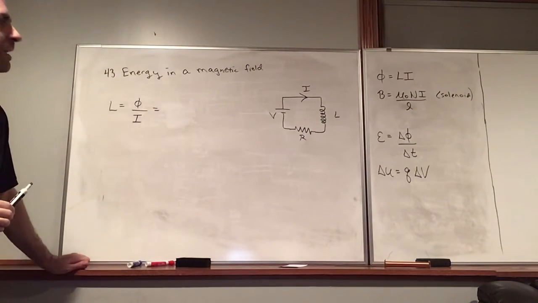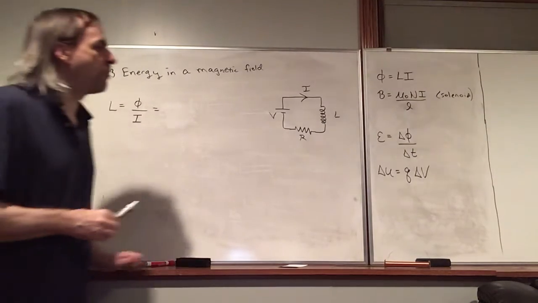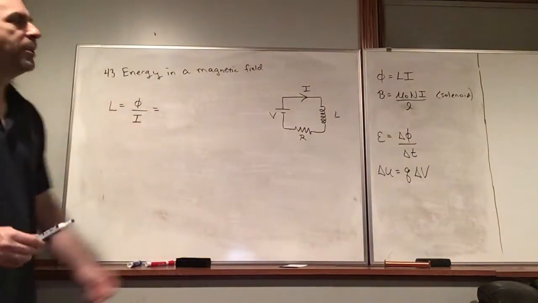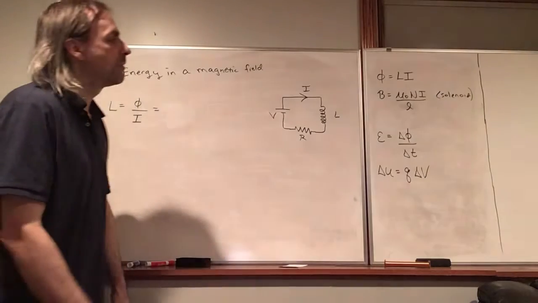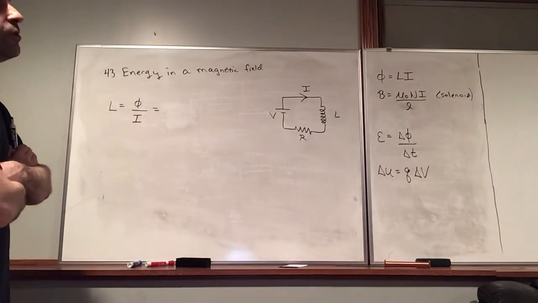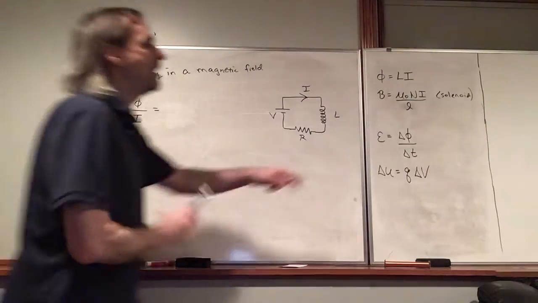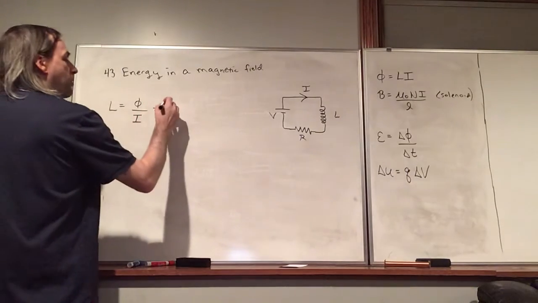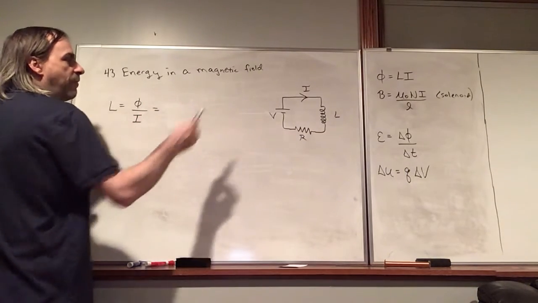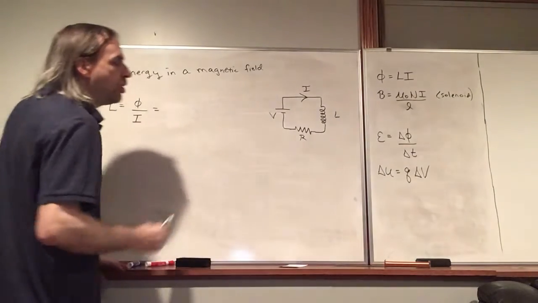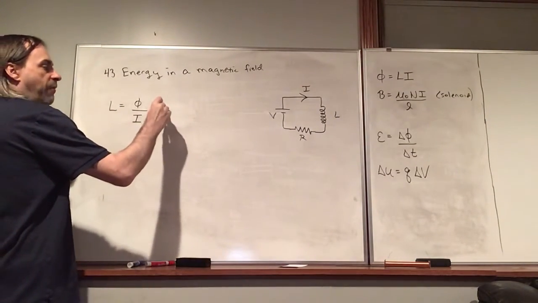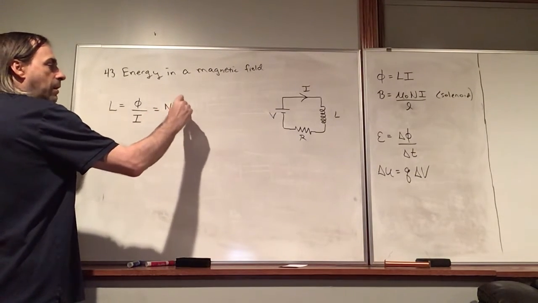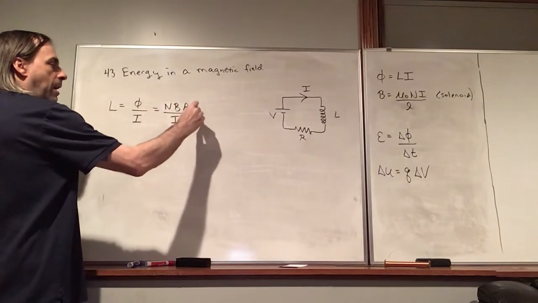I want to be a little careful because we use L for inductance, and we normally use capital L for the length of a solenoid as well. So I wrote the magnetic field of the solenoid here using a lowercase l. This is the length of the solenoid. Anyways, the flux would be the magnetic field passing through every coil in the solenoid. So the flux would be the number of coils times the magnetic field times the area, divided by I, the current.